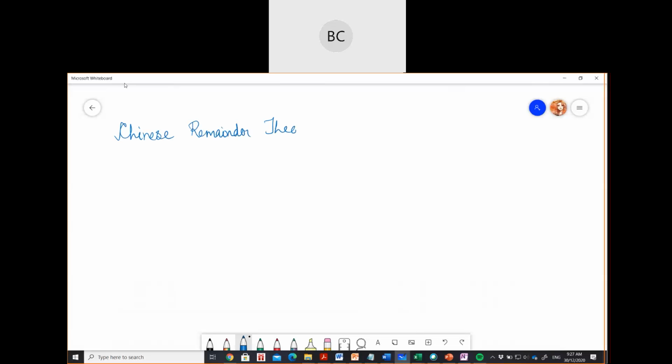So Chinese remainder theorem is another small topic of modular arithmetic. According to Chinese remainder theorem, suppose there is, okay, I just write, for a given pairwise co-primes. I hope you guys now know what is co-prime.